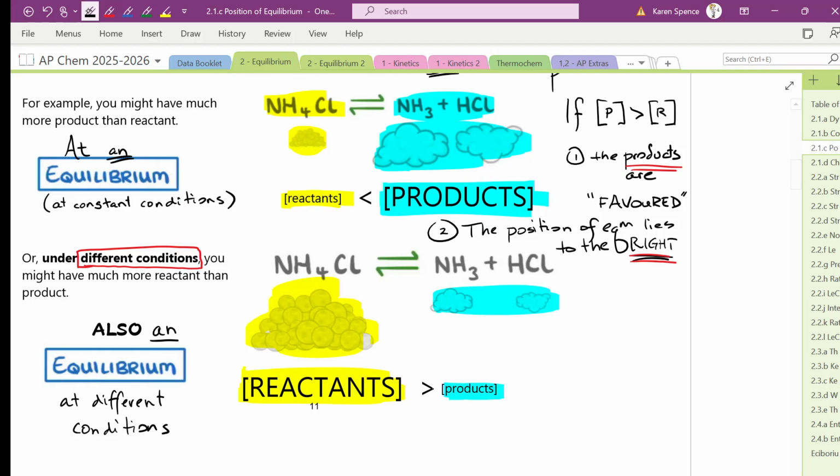If, on the other hand, the concentration of reactants is greater than the concentration of products, what could we say? We could say that who is favored? Reactants are favored.